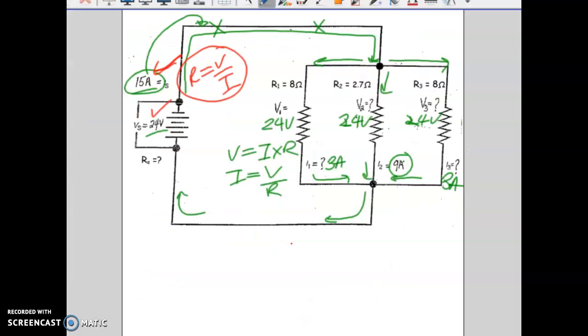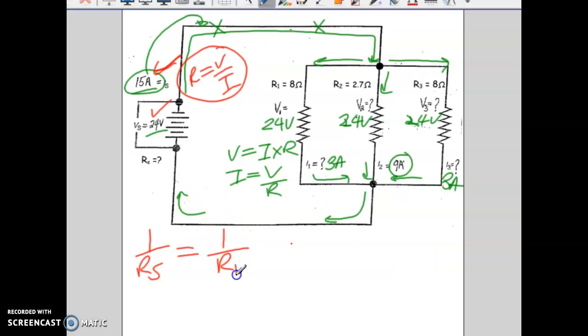But I'm going to show you again how to set this up, because you might be stuck doing it this way if you don't have V and I. Do not rely on this. You need to be comfortable using the long way as well.